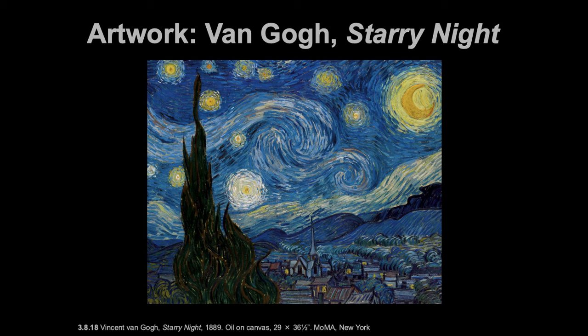So Van Gogh, he counts as a post-impressionist. He also counts somewhat as an impressionist as well, because you get a bit of that optical mixing, like how the moon is glowing and these stars are glowing, and he's mixing in dark colors with light colors.